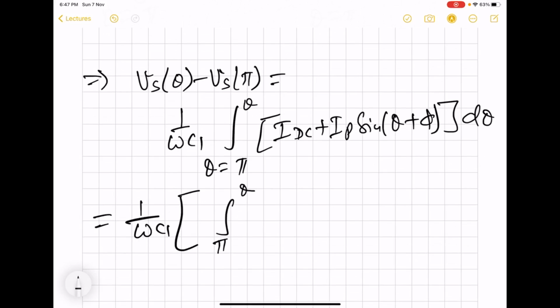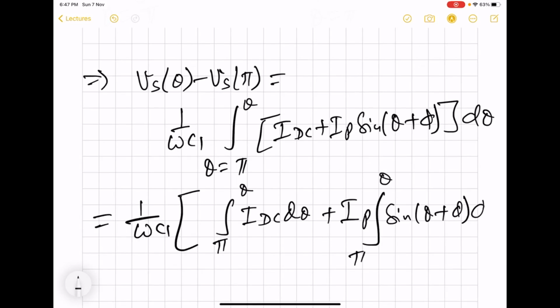This is from pi to theta IDC d theta plus IP integral pi to theta sine theta plus phi d theta.